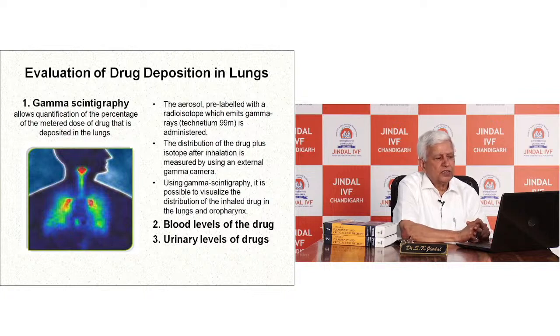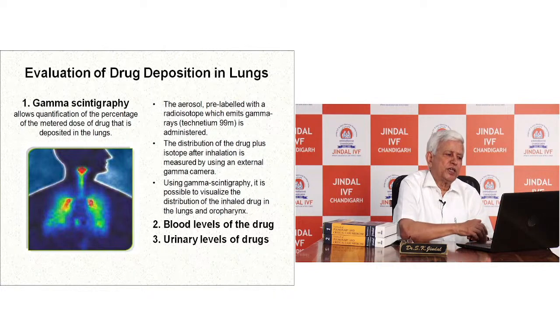The inhaled drug is pre-labeled with a radioisotope which emits gamma rays, and with the help of scintigraphy it is measured and photographed, making it possible to visualize the distribution of the inhaled drug. You can see the area where it gets deposited to a maximum concentration.